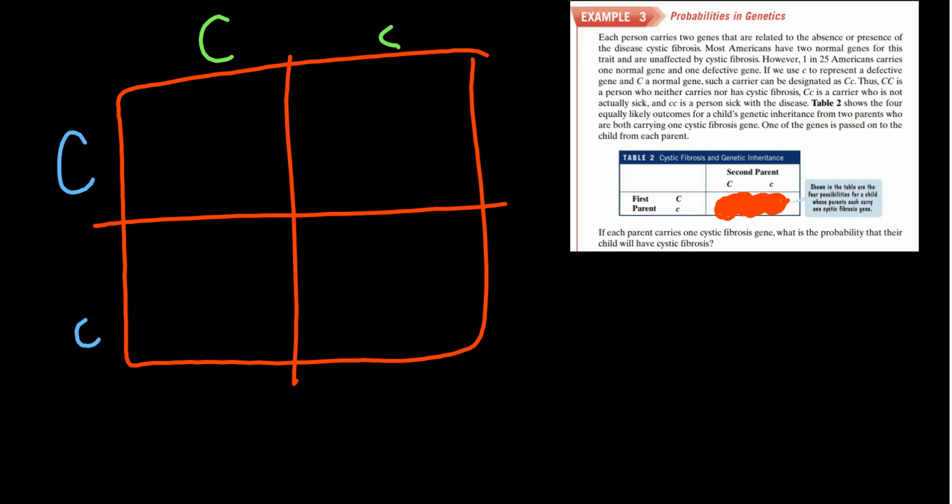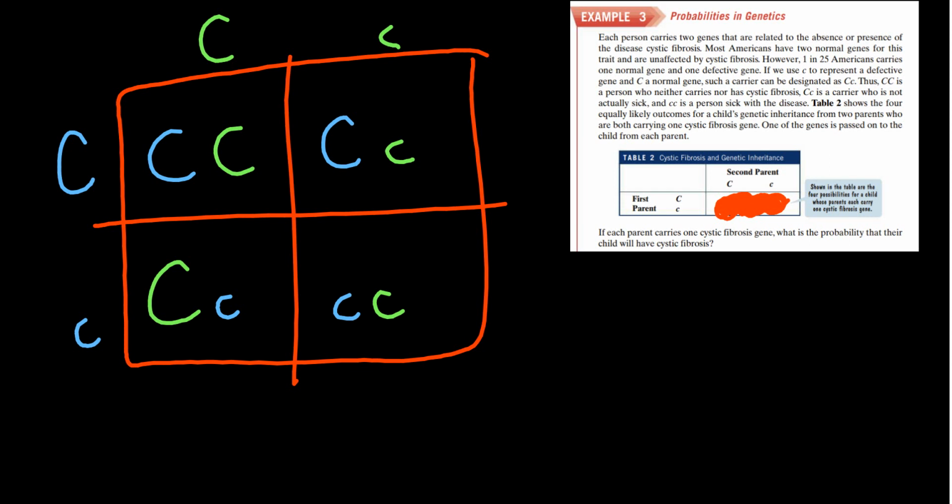All you're doing is basically intersecting them here. So you'll have a capital C, and then a capital C. Capital C, lowercase c, again looking at the intersection here, and then we intersect here. We'll put the capital C first, and then lastly we've got the lowercase c, lowercase c, and that's all the Punnett square is.